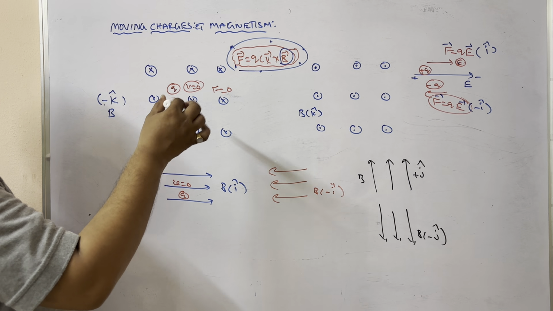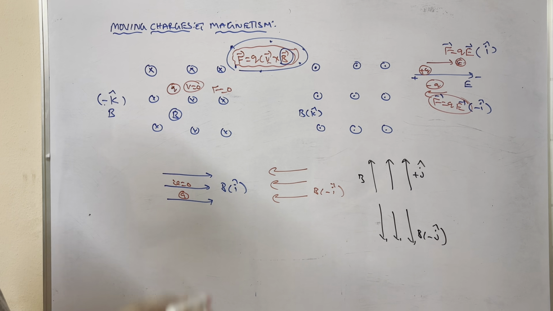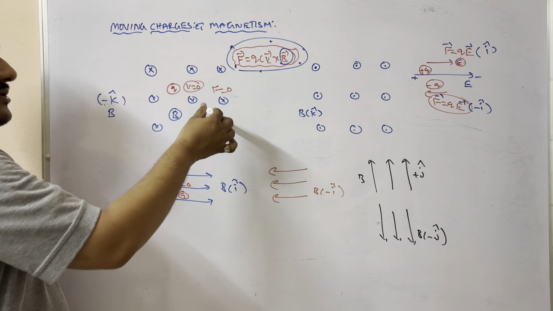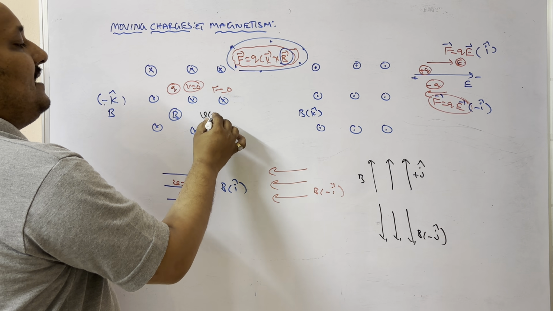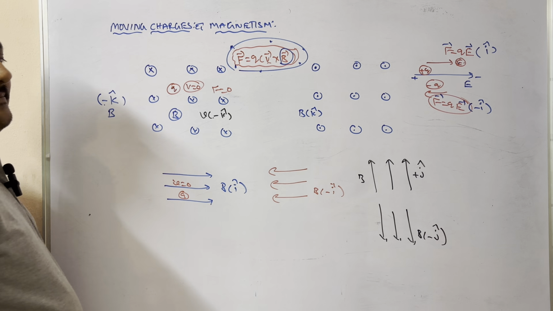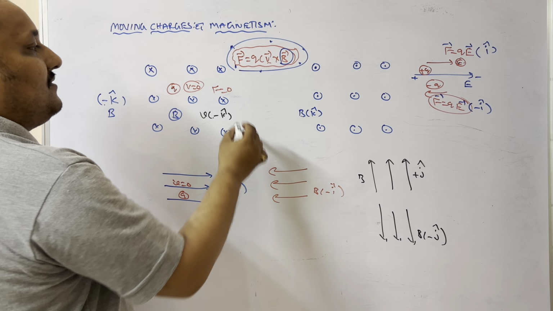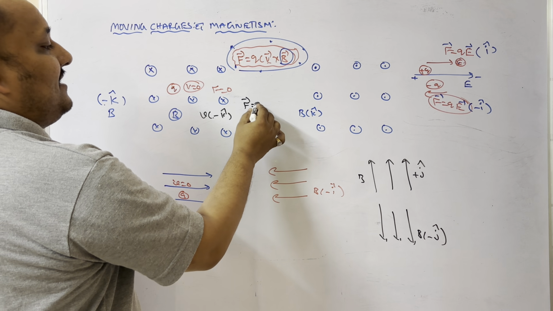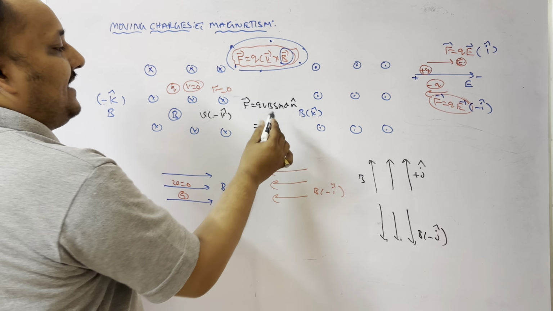Next, magnetic field is into the board, and the charge is also entering into the board, that is, velocity V is in the minus k cap direction. Then what is the force acting on it? F bar is equal to QVB sin theta n cap.